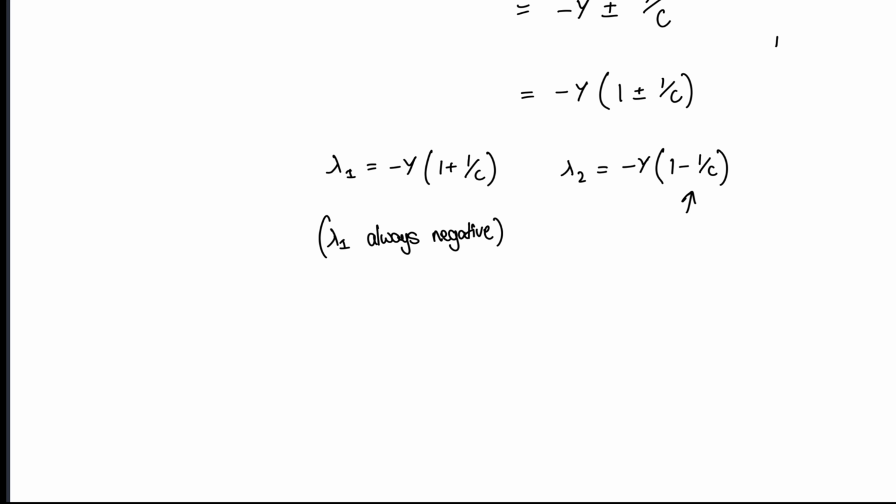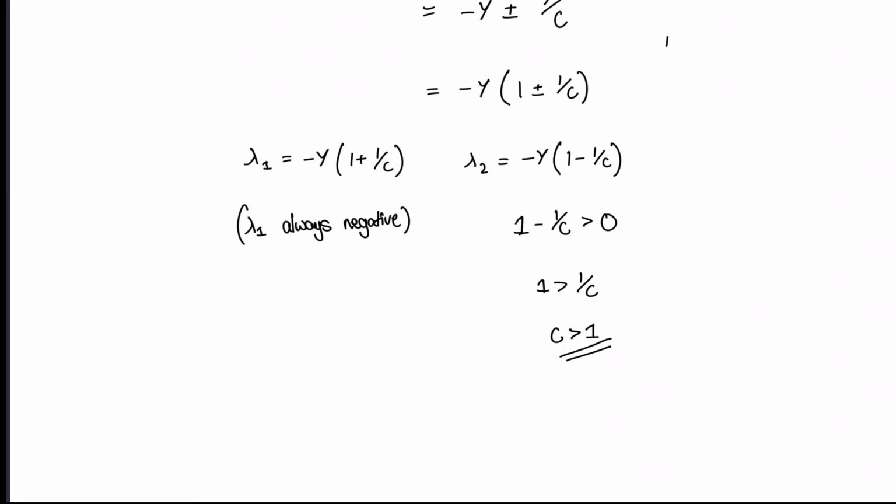Now we need to make sure that this bracket, 1 minus 1 over c, is always positive. That way we can make sure that this second eigenvalue is always going to be negative. So if we solve this inequality, we have 1 greater than 1 over c, and so c is greater than 1. So the condition required for stability is c greater than 1.